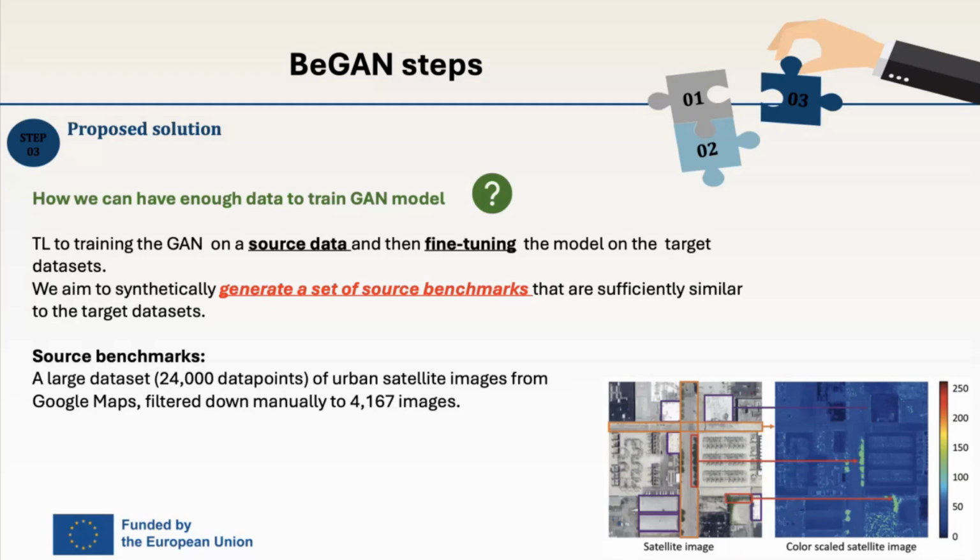They used urban satellite images generated by Google Maps as a source dataset. They did some pre-processing in order to make it fit the training well. In general, they had 4,167 images. For the target dataset, they only had 10 current maps, or 10 real images, that can be used in the fine-tuning stage.